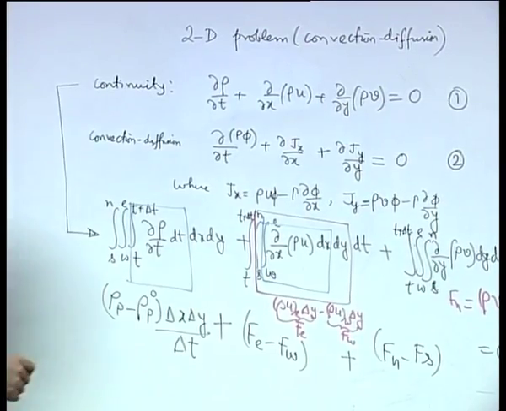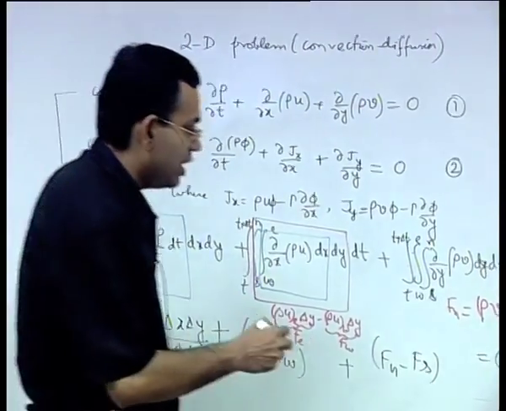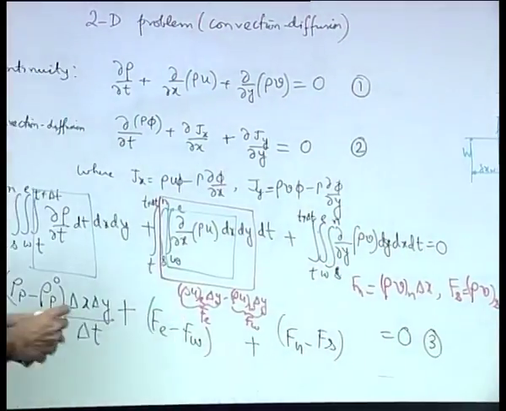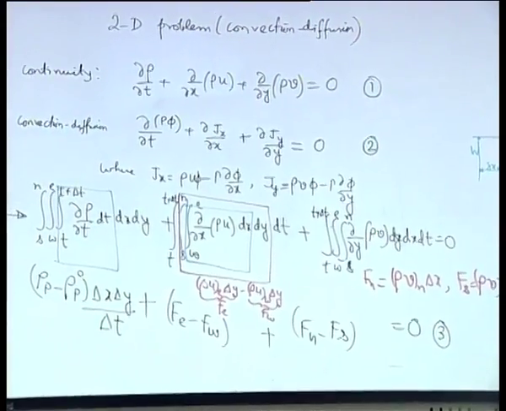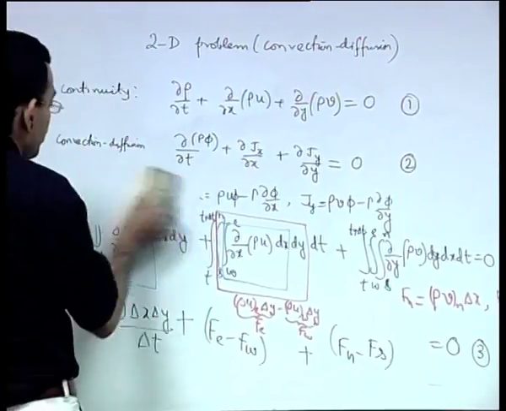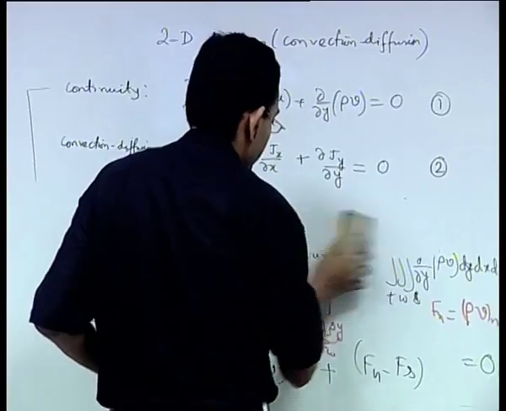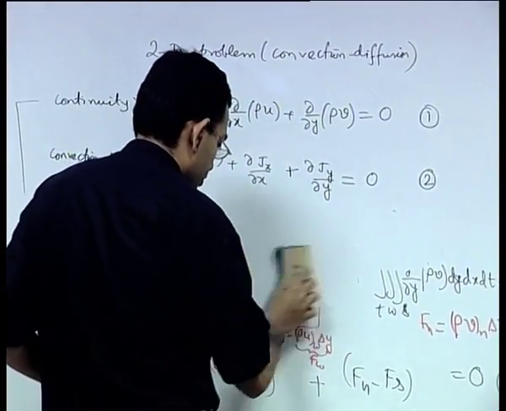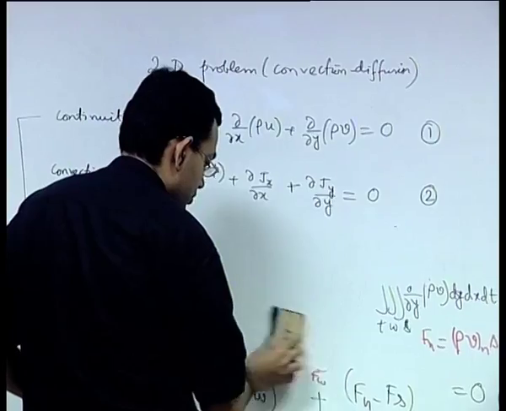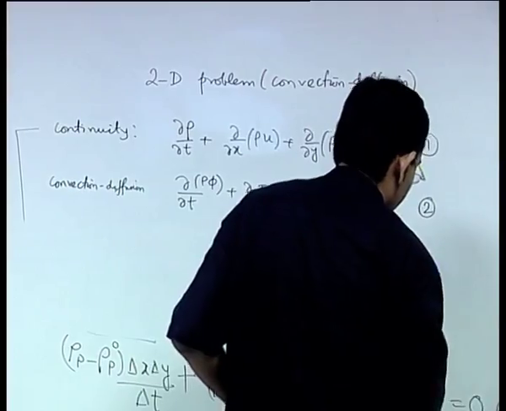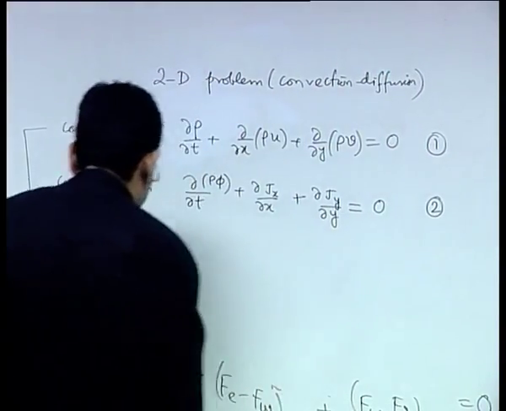Now, with this equation in mind, which we call equation 3, we will now discretize the convection diffusion equation, that is equation number 2.